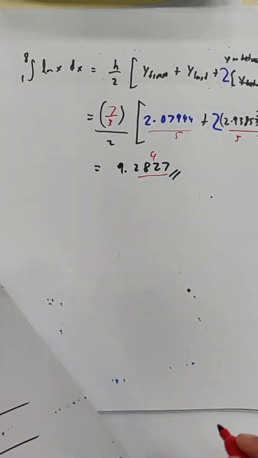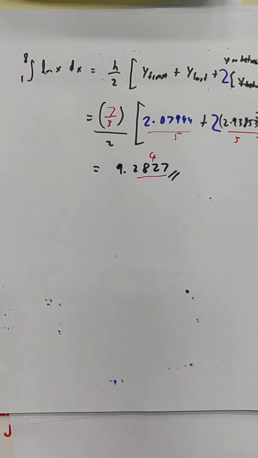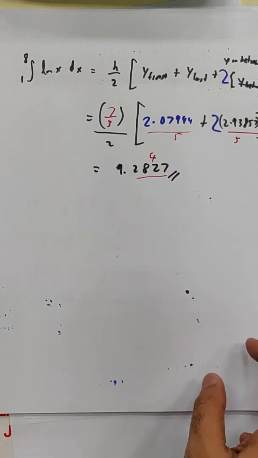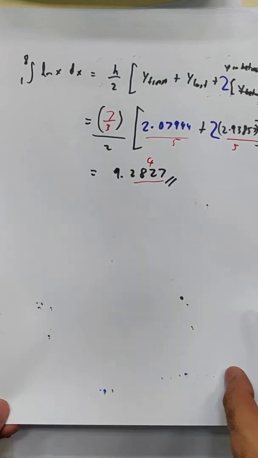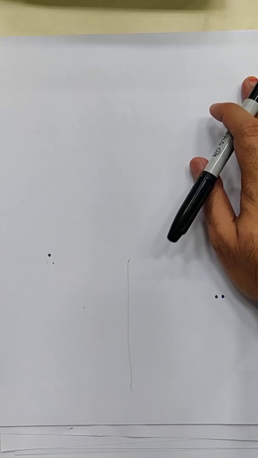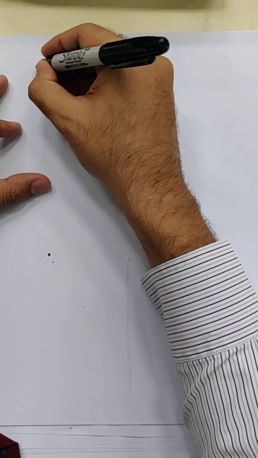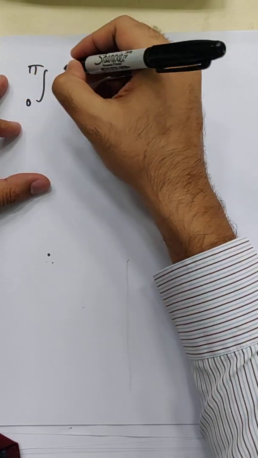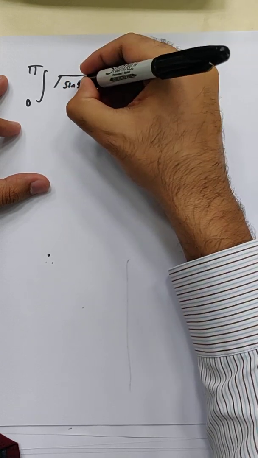This one is 4. You guys okay? Alright, now, without me helping you, try by yourself if I give you these questions. The integral from 0 to pi of the square root of sine x.